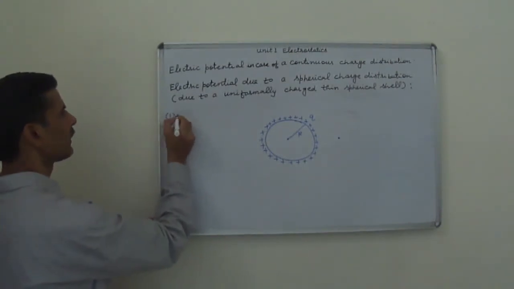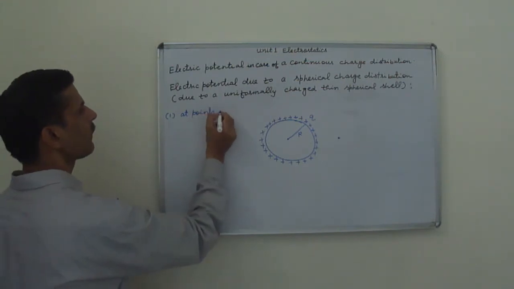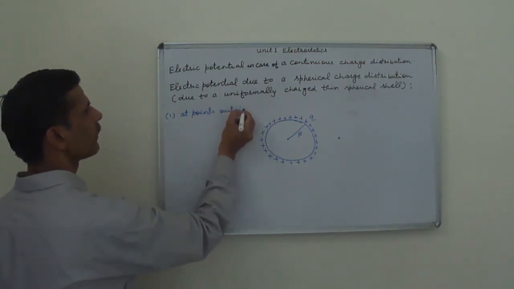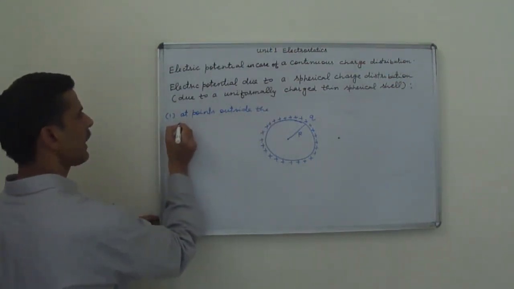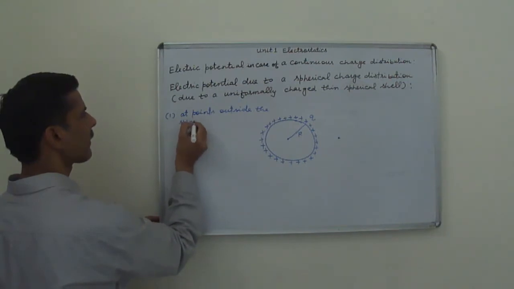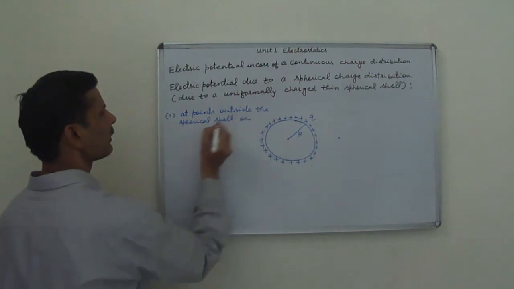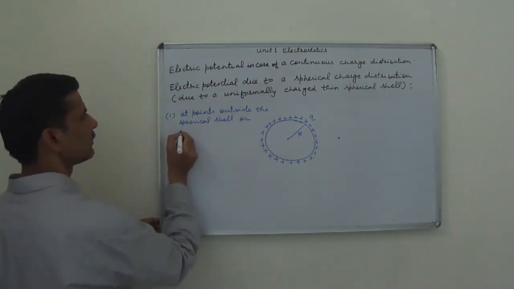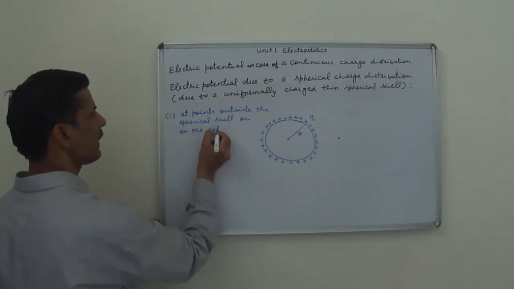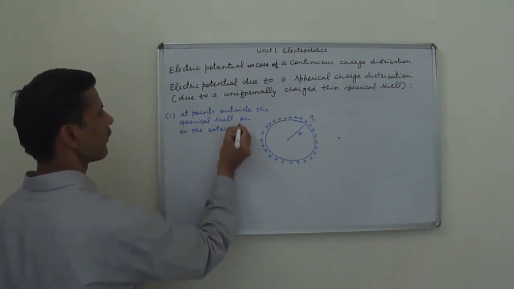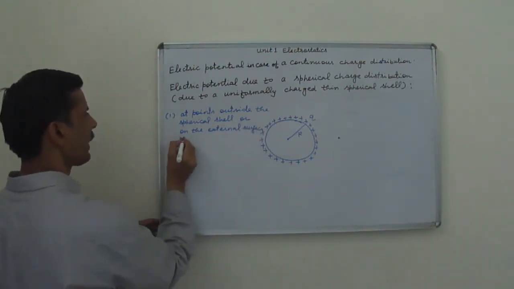So number one, at points outside the spherical shell, or on the external surface of the shell.